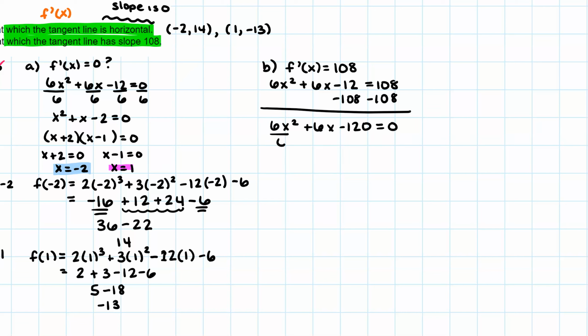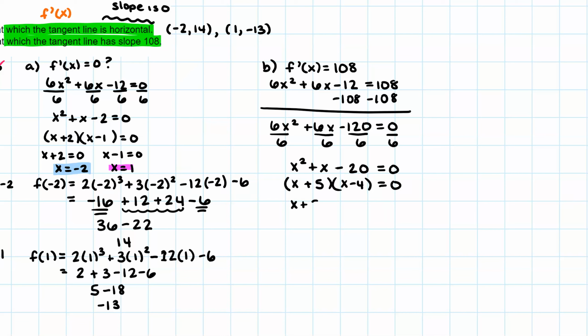And again, all these are divisible by 6, so I'm just going to divide everything, even the 0, by 6. So I get x squared plus x minus 20 equals 0. And I know we can double bubble this into x plus 5, x minus 4.